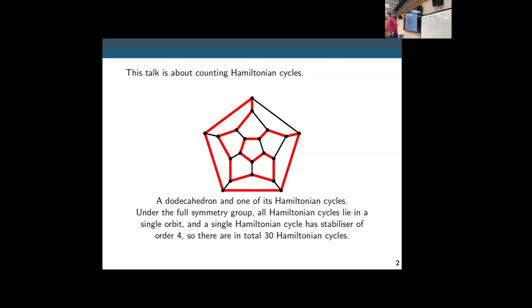So for instance, this is the 5-cycle: 1, 2, 3, 4, 5. This is the boundary of the face here. This is an 8-cycle: 1, 2, 3, 4, 5, 6, 7, 8. It's vertex, edge, vertex, edge, vertex, edge, and you close, and everything once.